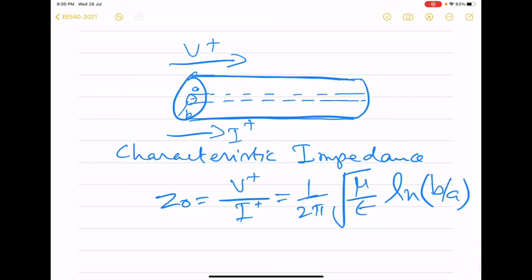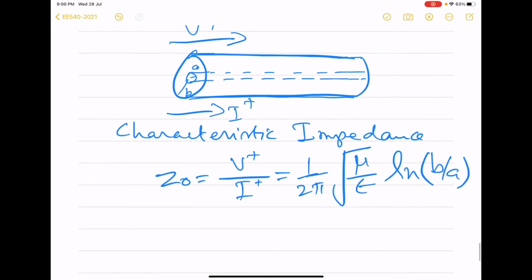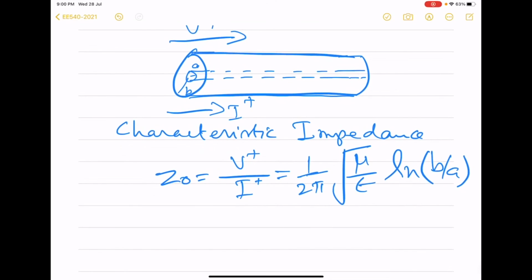So what we want from this cable is typically these two things. First is that whatever input power I am giving, I should ideally get the same output power. That means there should be no loss. But that is impossible in real life because of the finite conductivity of the outer and inner conductor.